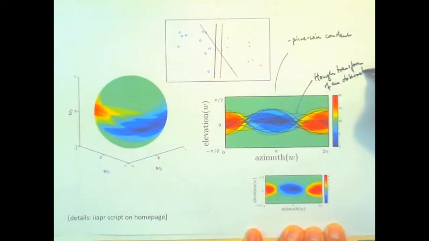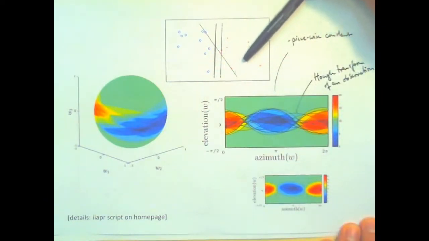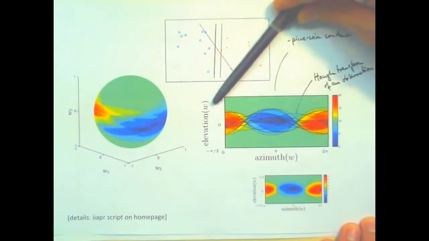Now, the Hough transform that is known to people from image processing, if you look at one of the observations in the original plot, you can think of all the decision functions that go through this point.